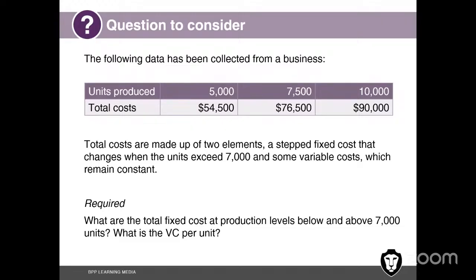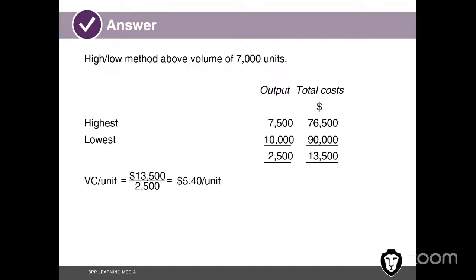What we get as the variable cost per unit is $5.40. Right? So we get it as $5.40. Now that you have the variable cost per unit, you can figure out what is the fixed cost above 7,000 activity and below 7,000 activity.